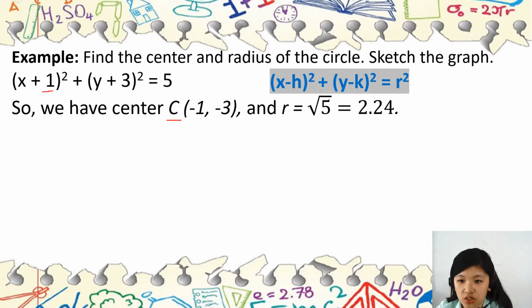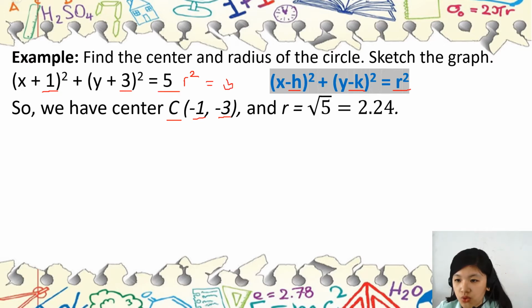Since the formula has negative h and negative k, we take their opposites. So we have positive 1, which means negative 1, and positive 3, which means negative 3. And since the formula has r squared, our r squared here is 5.